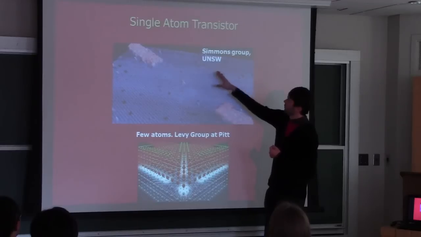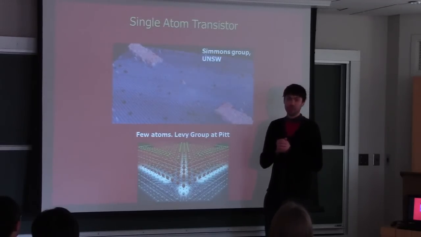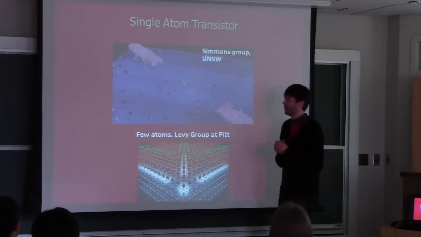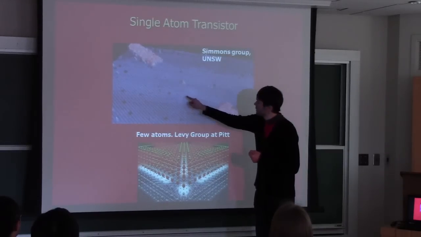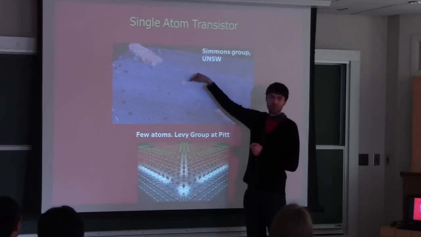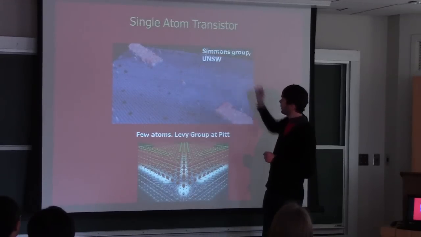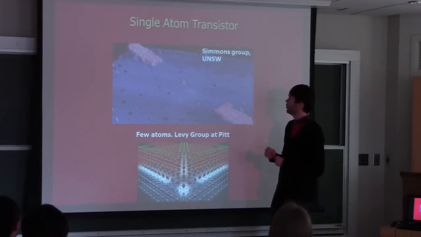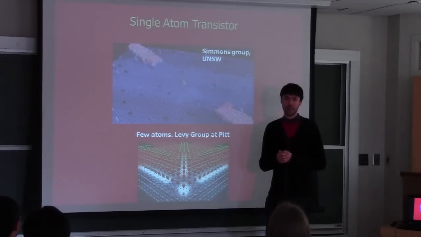This device is obtained with an STM technique, scanning tunneling microscope. It also provides this image with an atomic resolution, but it is also used to implant the phosphorus here. I will not go into details, but you can look up the research of this excellent group. And so by this they can define single atom transistors.